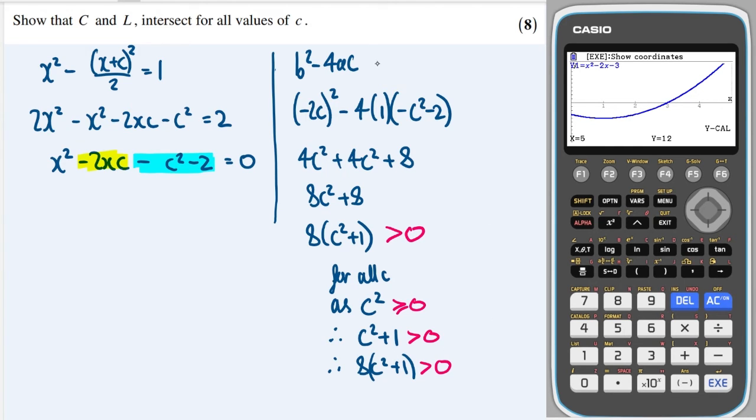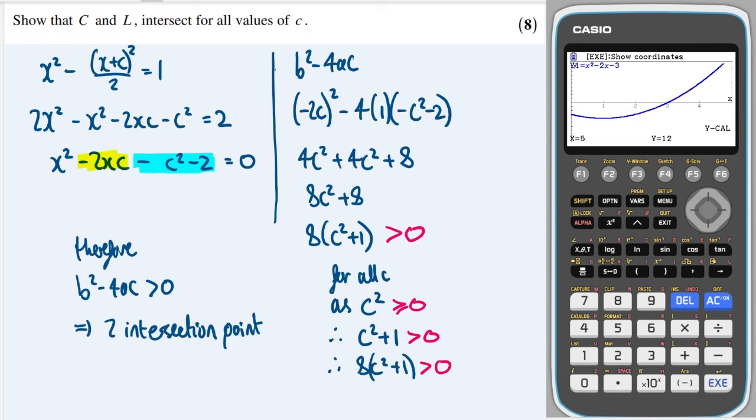So that implies, it's a bit overkill now, but you can say, therefore, b squared minus 4ac is always greater than 0, and therefore 2 intersection points occur.